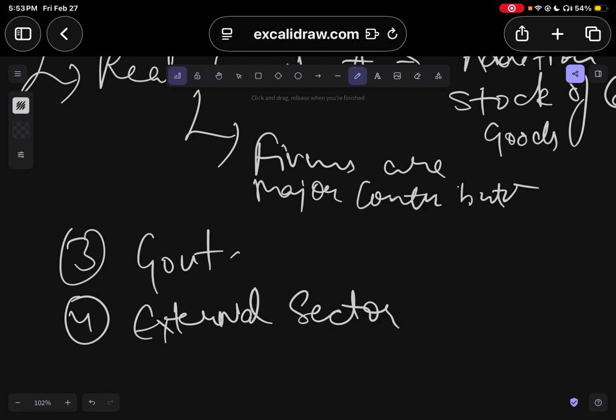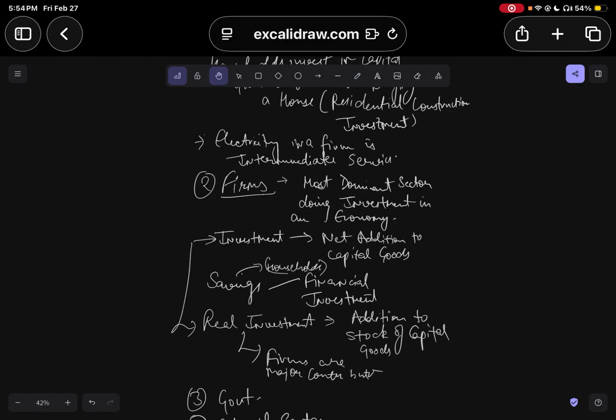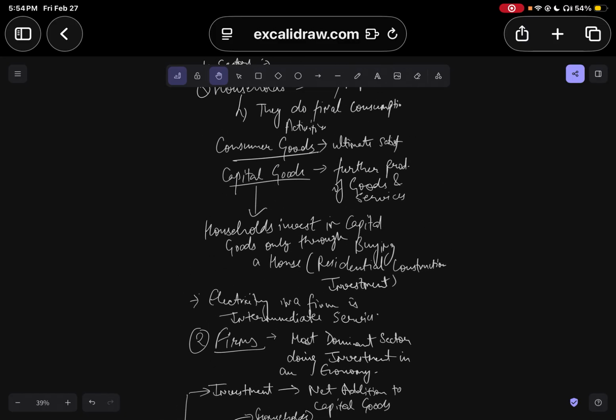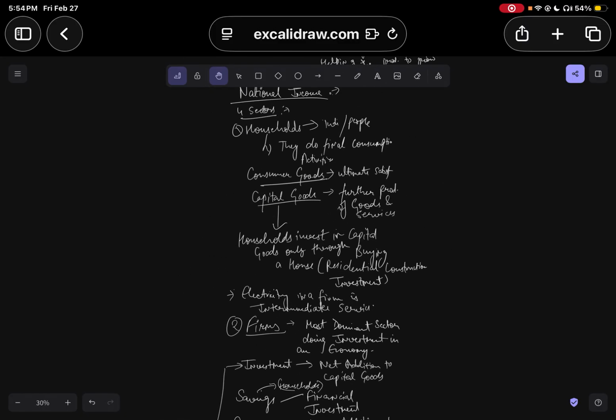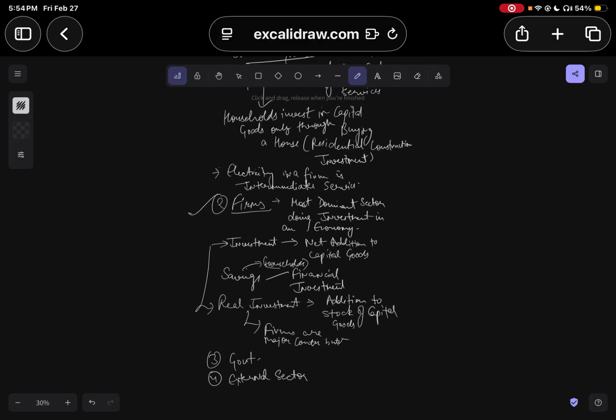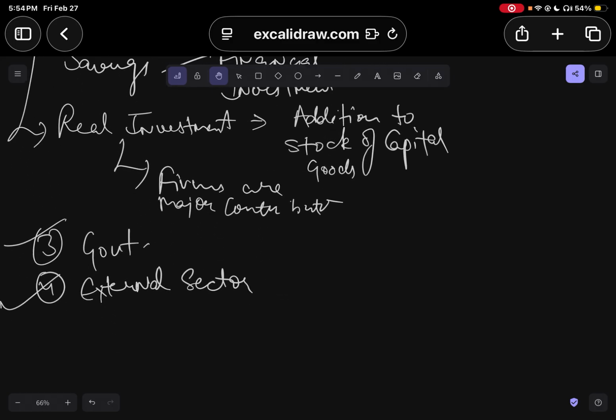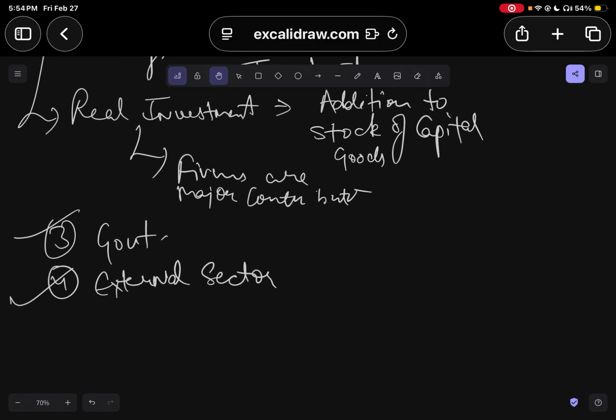Mind you, these four things are the subparts in which macroeconomics divides the whole economy: households, firms, government, and external sector. The external sector includes every institution outside the domestic territory of the economy.